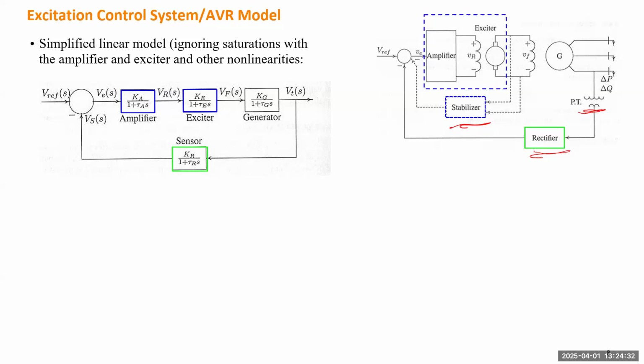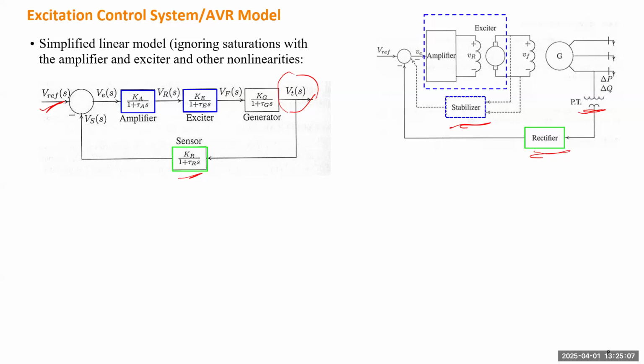So if we model this control system, we have a reference voltage. This reference voltage will be what we expect the terminal voltage to be. And the sensor will measure terminal voltage and give it back to be compared with the reference. So we use a first order system to model the sensor, because the sensor has to be very fast and very sensitive.